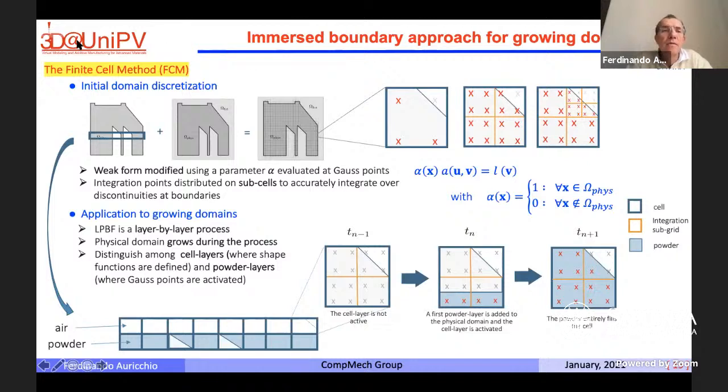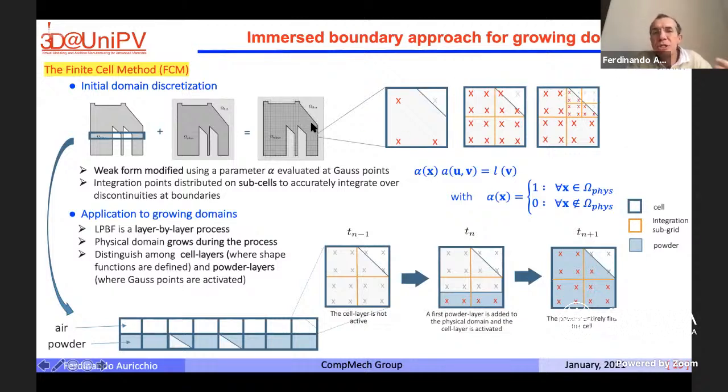One of the methods we are exploring in collaboration with colleagues from the TUM University is the finite cell method. This is a very interesting technology where you convert the immersed non-fitting geometrical method into a fitting method through the introduction of an accurate integration formula.